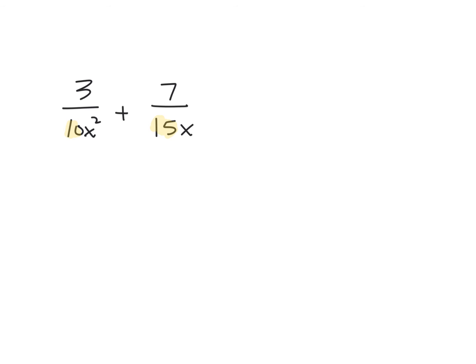So I know that my common denominator is going to have something over 30 in both cases. Now, for the variable part, I look at the x squared and an x, and I take the one that's bigger. Which one's bigger? X squared. So my common denominator is 30x squared.